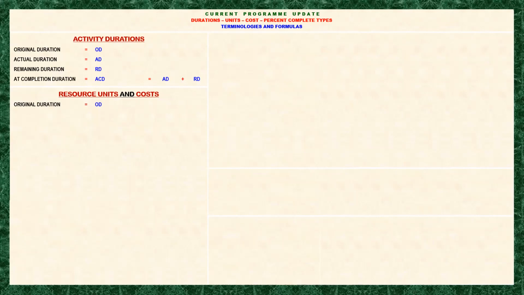Let's say, for example, we have the resources excavator, grader, and roller. The excavator may not always be needed for the whole period of the activity, because there are some portions in which the excavator will not be needed, and only the grader will be needed.